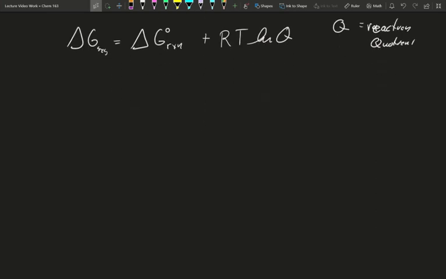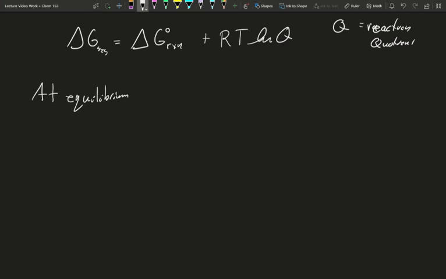Let's look at an example here. Well, this is about equilibrium, so let's look at equilibrium. At equilibrium, you will no longer change your concentrations, which means you can't be going to the right or to the left. Neither direction will be favored over time.